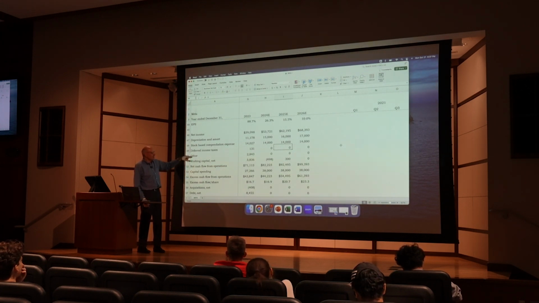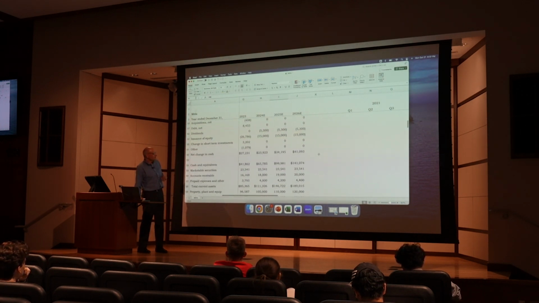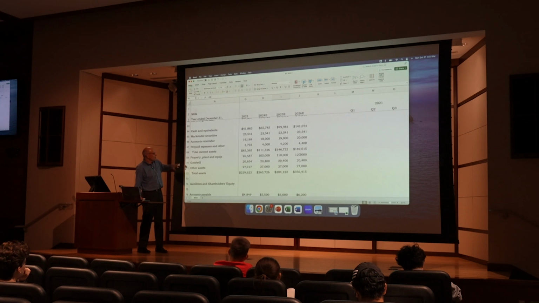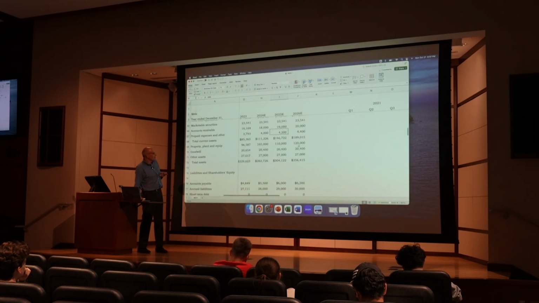Working capital, where did this number come from? Well, it comes from our balance sheet, okay? And so it really is our working capital forecast. So here's my accounts receivable should increase, prepaid expenses and others should increase, as are accounts payable and accrued liabilities.